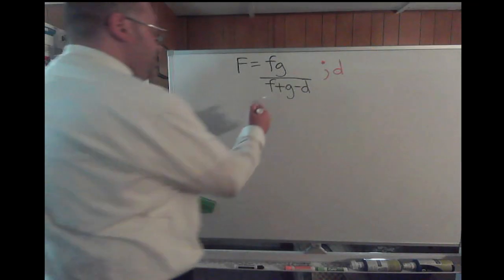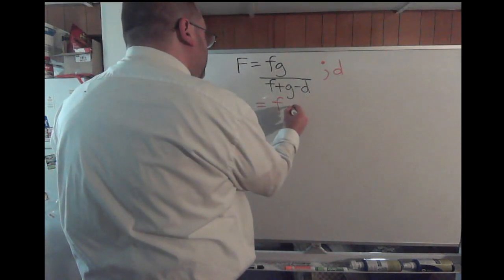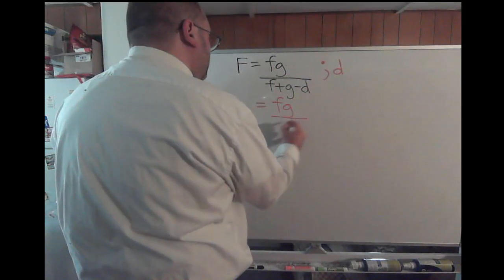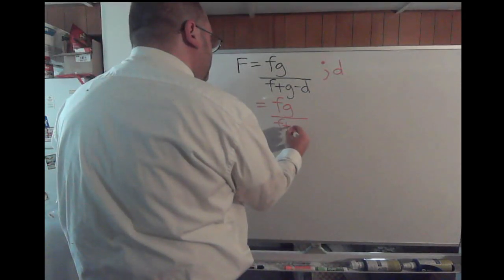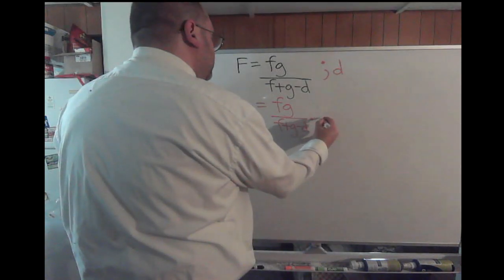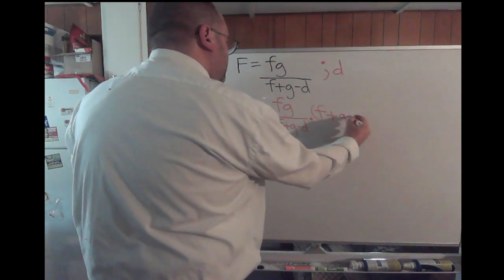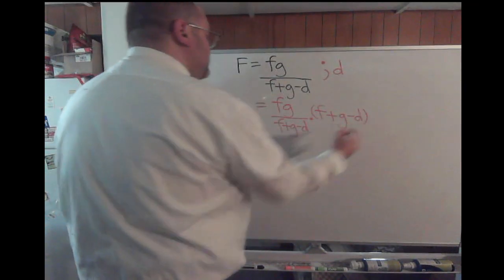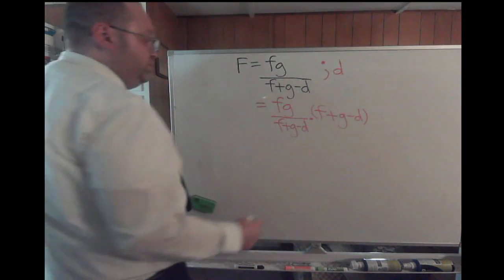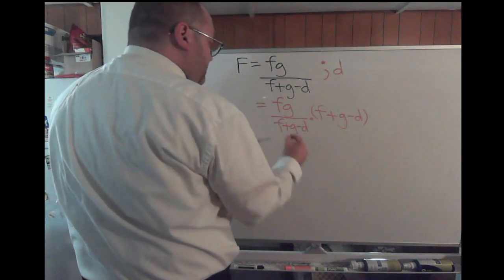What you're going to have to do on the right side is take your FG all over that F plus G minus D, times the quantity of F plus G minus D, basically multiply by the reciprocal, but have a denominator of 1.